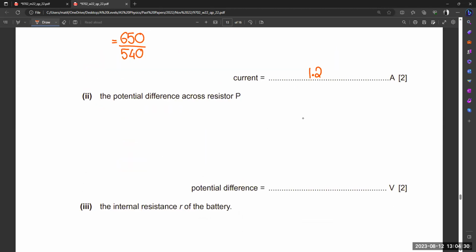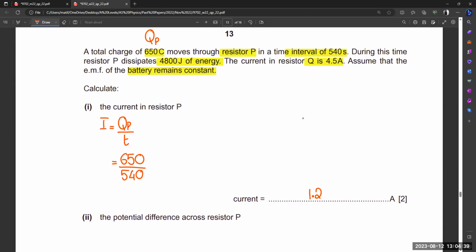Now the next part is the potential difference across resistor P. One more thing, during this time the resistor P dissipates 4800 joules of energy. So this is also for P. Energy equals VIT, right?